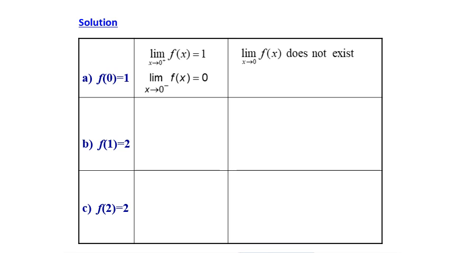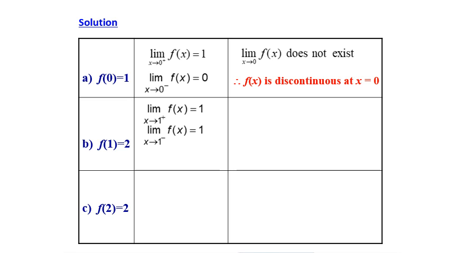Okay, so this is the detail about what I discussed before. The left and right hand limits are not equal, so the limit does not exist, therefore it is discontinuous. The second one, remember, even though the function is defined, the limit exists. However, the function and the limit have different values.